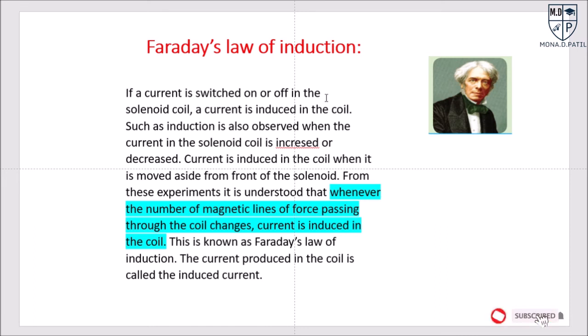From this experiment, it is understood that whenever the number of magnetic lines of force passing through the coil changes, current is induced in the coil. This is known as Faraday's law of induction. The current produced in the coil is called induced current. Like in the previous standard, you may have studied about induced magnetism.